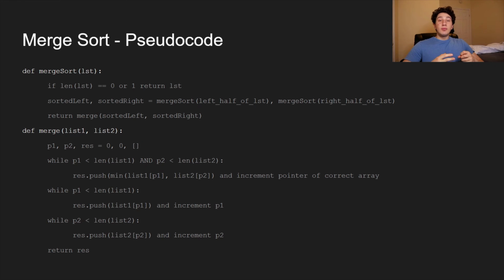Then, whichever pointer was representing that minimum element, we increment it. The reason we have those two while loops below is because one of those pointers is going to reach the end of its given array first, and from then on, we want to append all the remaining elements of the other array. Finally, we can return that resulting array.